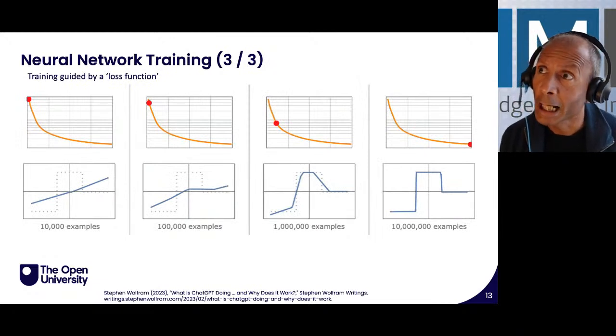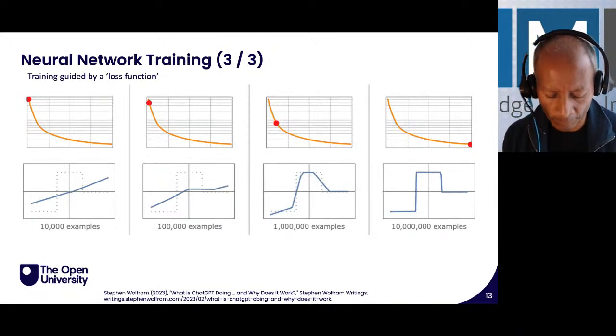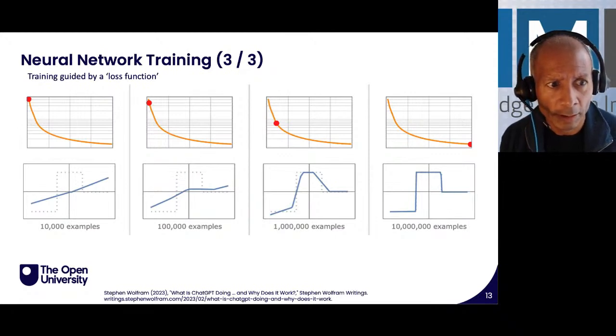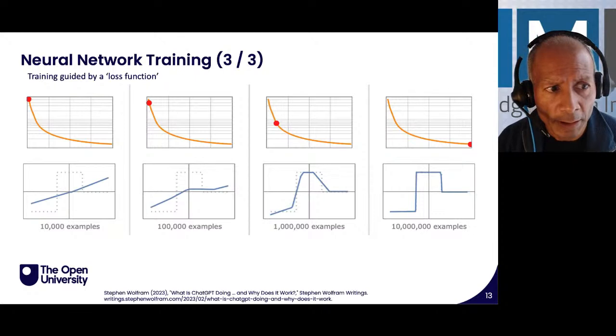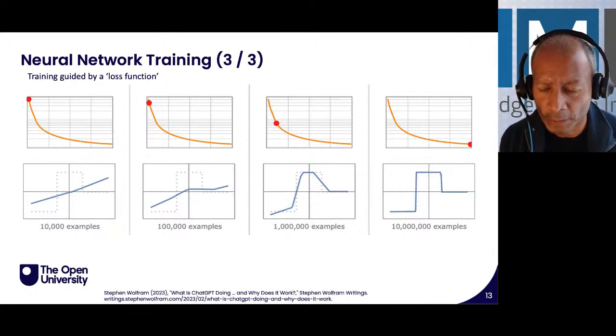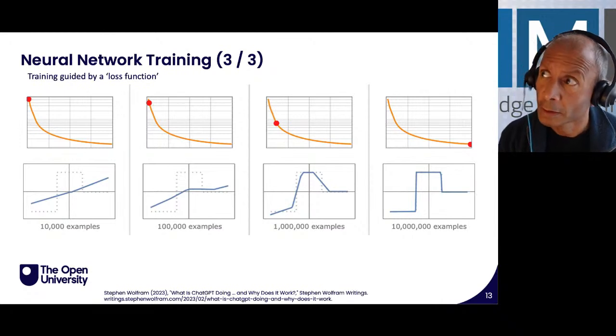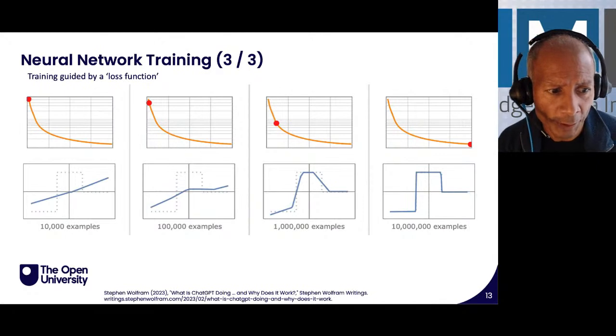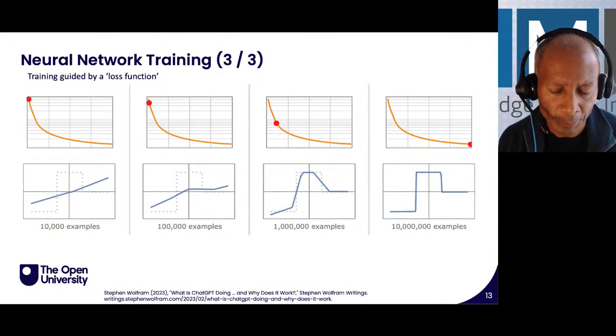The way training happens through examples is one key thing, and I think this is the most technical slide I'll show in my overview. Training is guided by something called a loss function. The loss function is a mathematical description of the difference between the output that's being given and the output I would like.